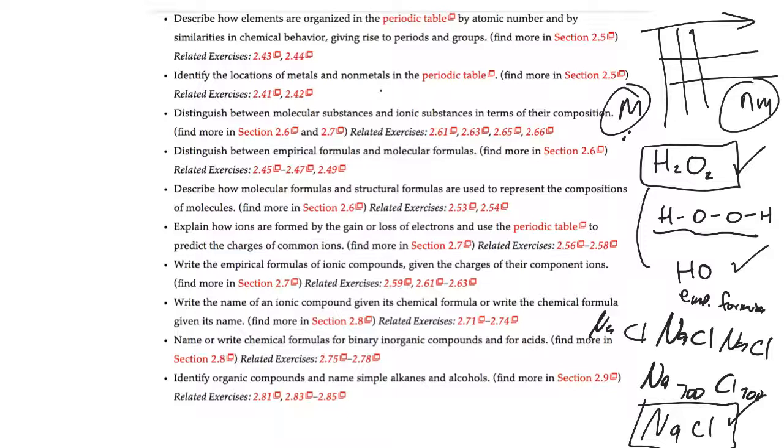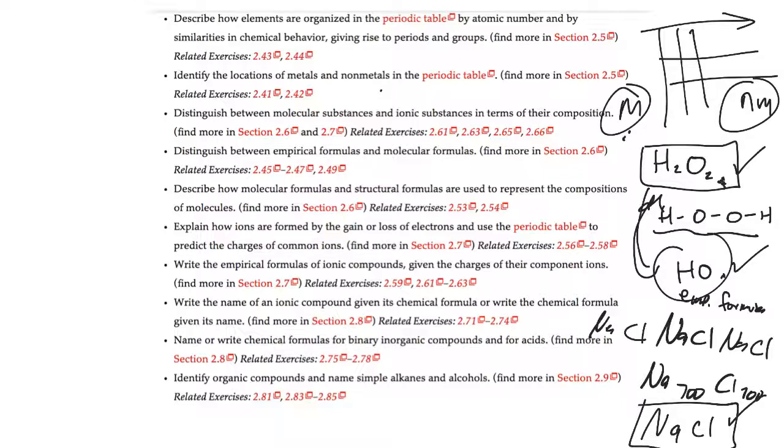So distinguishing between empirical and molecular formulas is pretty easy here in Chapter 2. For a molecular formula like H2O2, its empirical formula would be HO, and we're learning that difference so that we can see the next chapter, where we find one formula experimentally and then the other with some additional experimental information.